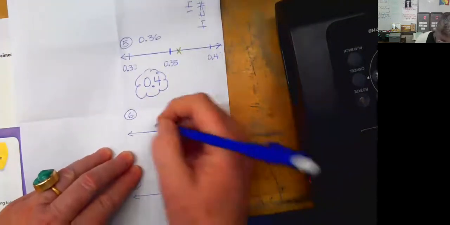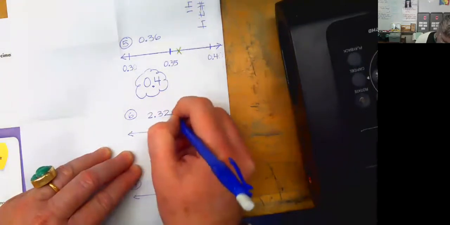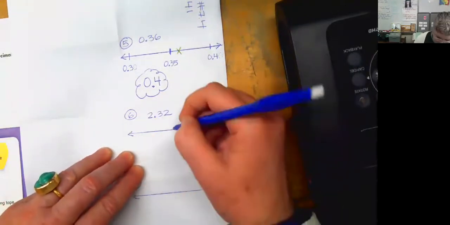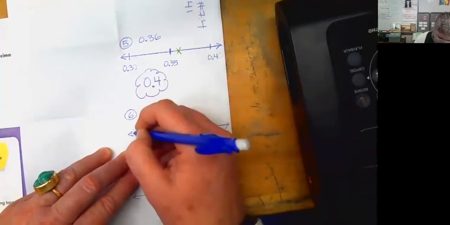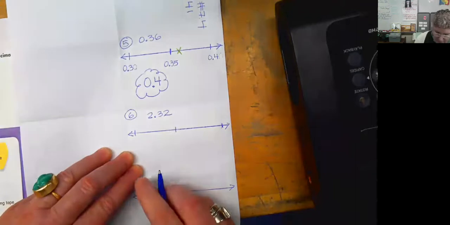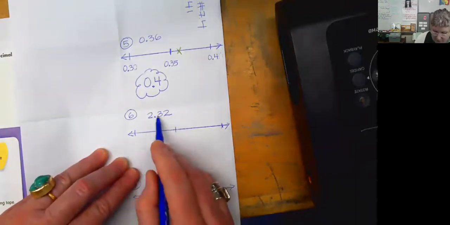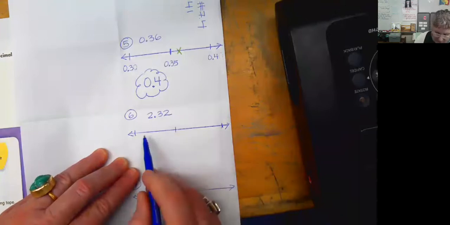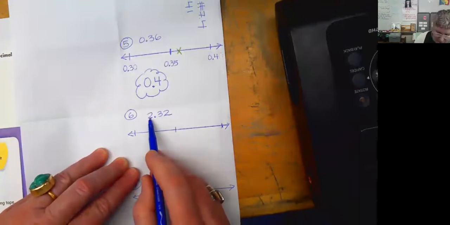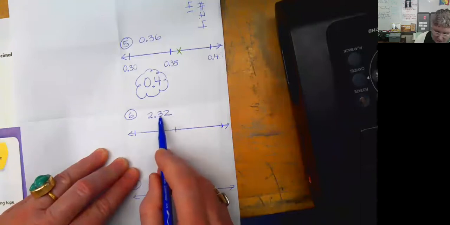Here's our next one. This time we have 2 and 32 hundredths. So I'm going to have a halfway point, I'm going to have a starting point, and I'm going to have an end point. Now, here's the hardest part of this problem: figuring out what you're putting on the start and the end. So I would probably say this 32 is between 30 and 40, right?